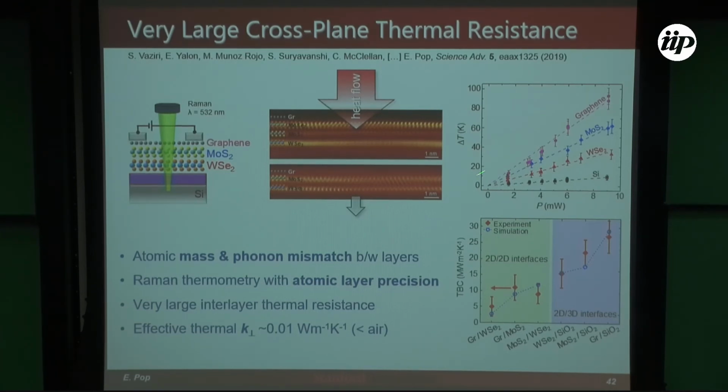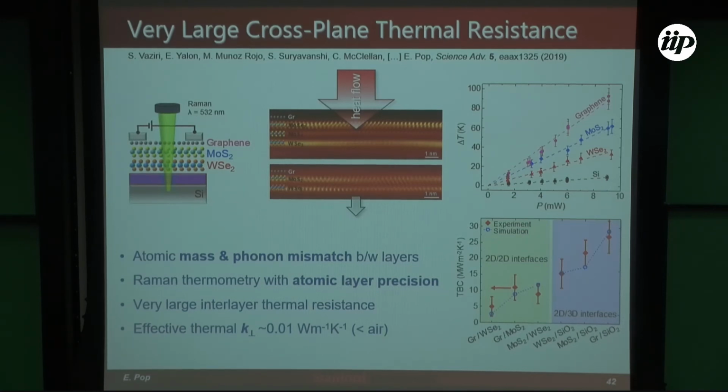In fact, here's a temperature as a function of power input for multiple layers in the stack. We can measure each layer in the stack, including the silicon substrate, which also gets a little bit warm. And then finally we ordered all of this from the worst thermal interface, which is graphene with WSe2, to the best thermal interface, which is graphene with SiO2, and everything else is sort of in between.